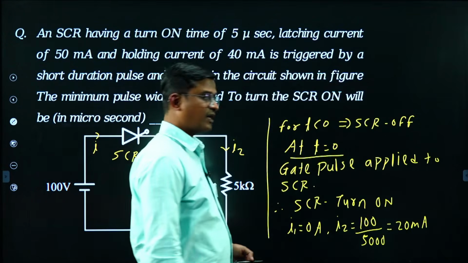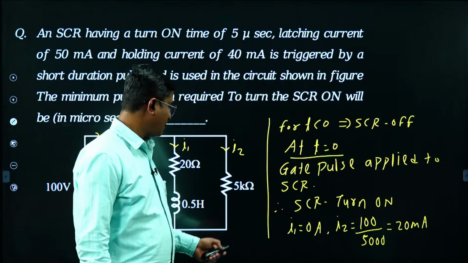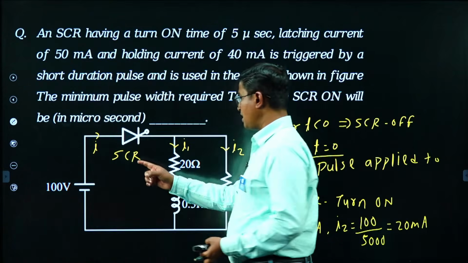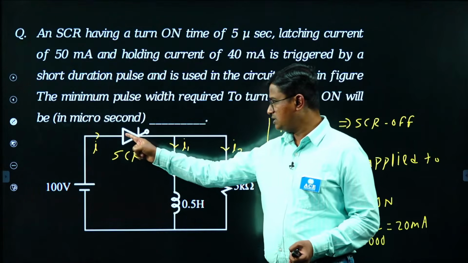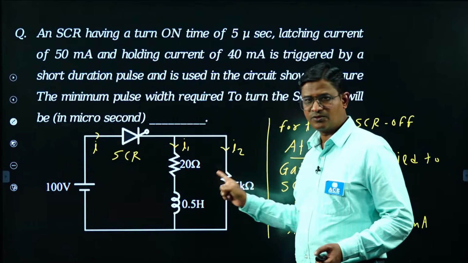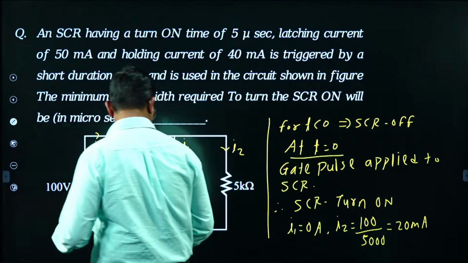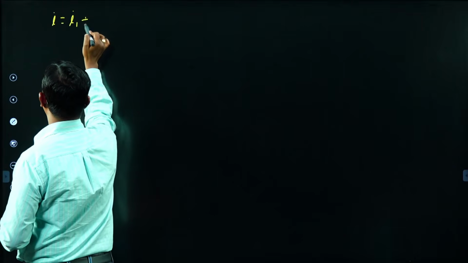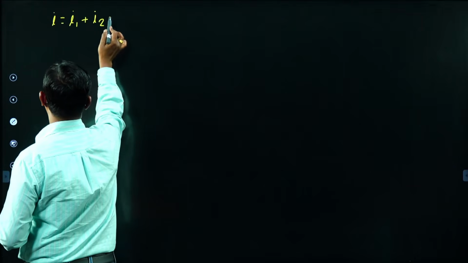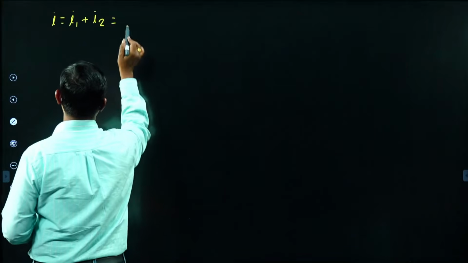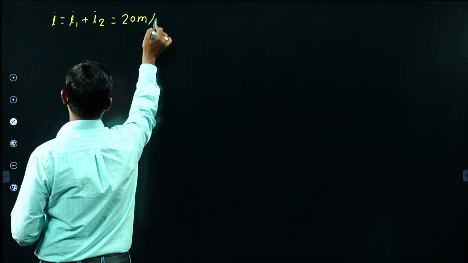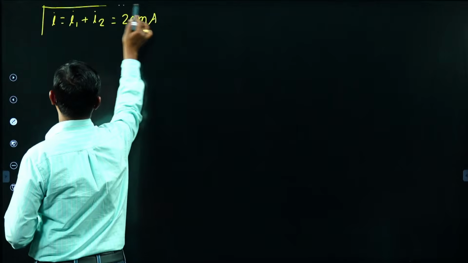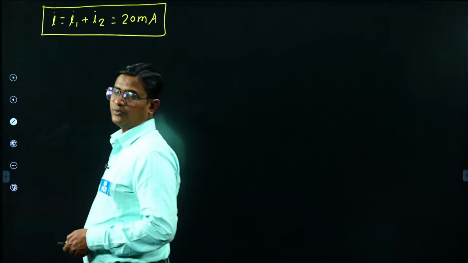And what is current in the SCR? Current in the SCR at t equal to 0 is I1 plus I2. So at t equal to 0, I is equal to I1 plus I2, which is equal to 20 milliampere. This is the current flowing through the SCR at t equal to 0.